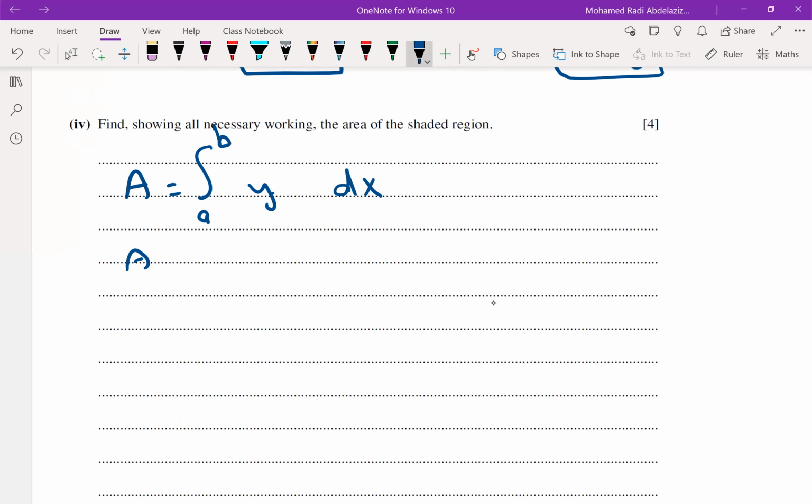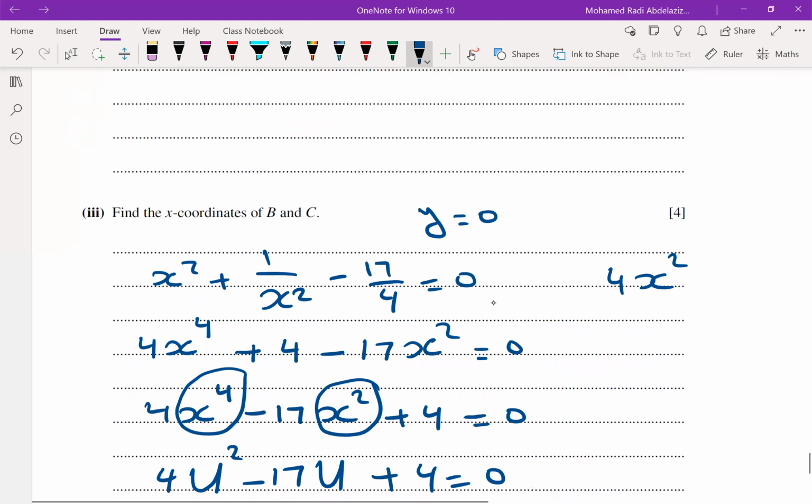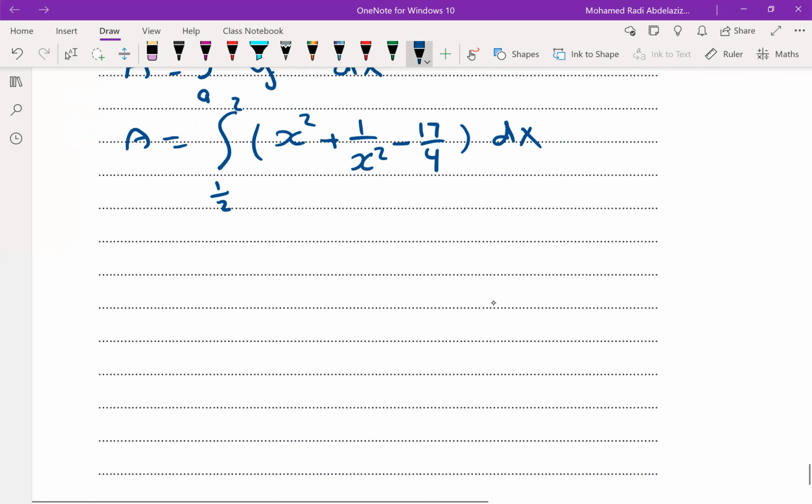You have to write your expression in terms of x. So integrate from half to 2, the limits found before. Write your function, which is x squared plus 1 over x squared minus 17 divided by 4, dx. Then start to integrate.